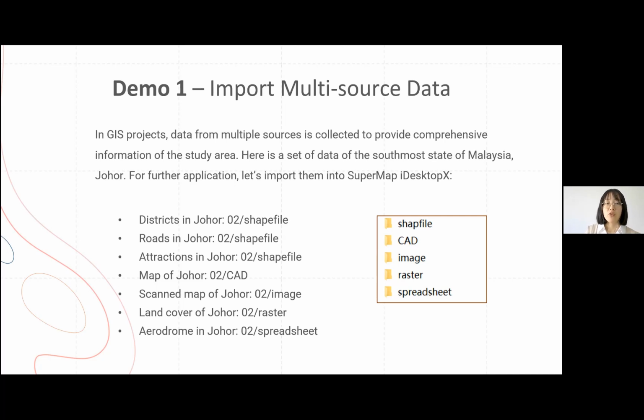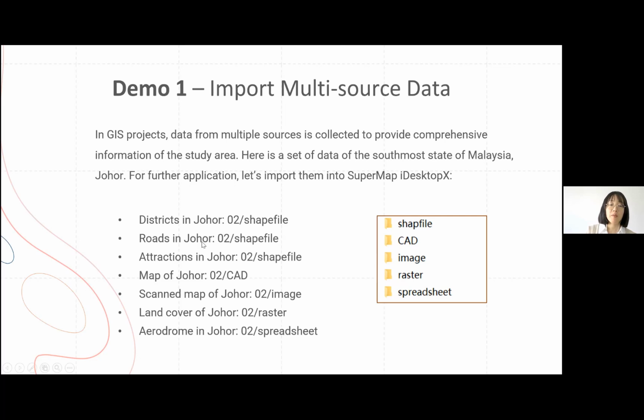So now we will have a quick introduction on all the data we need to import. The first one is the districts of Johor State, and also the roads of the state and attractions in the state. All of these three kinds of data are collected as shape files.